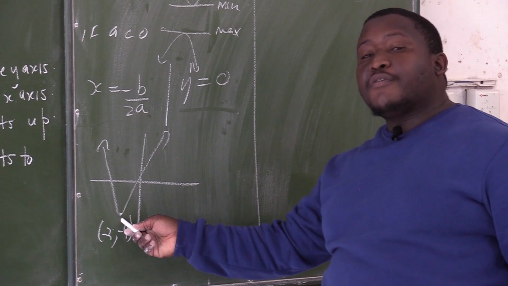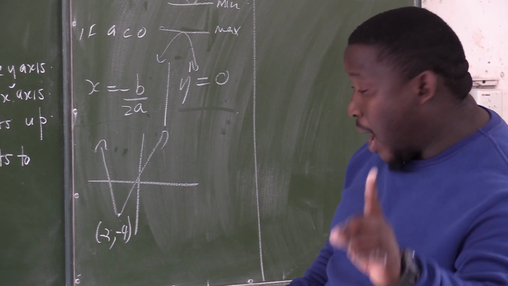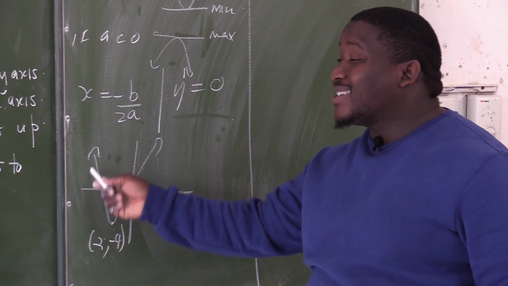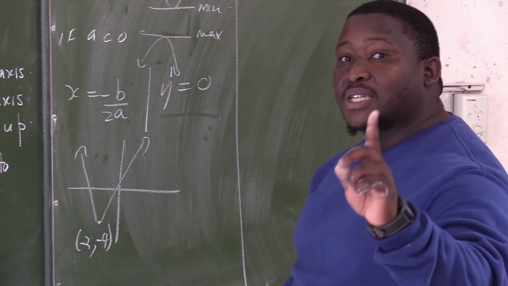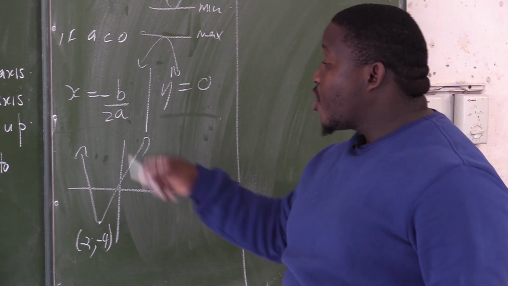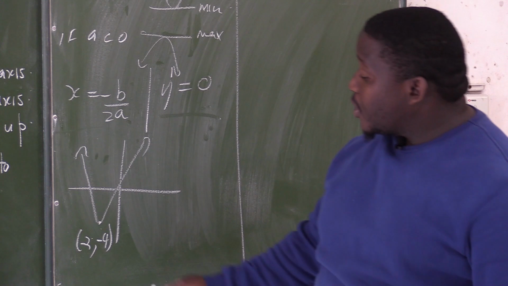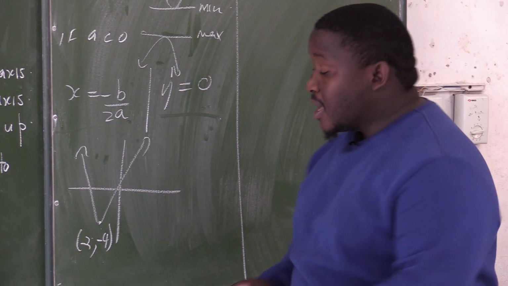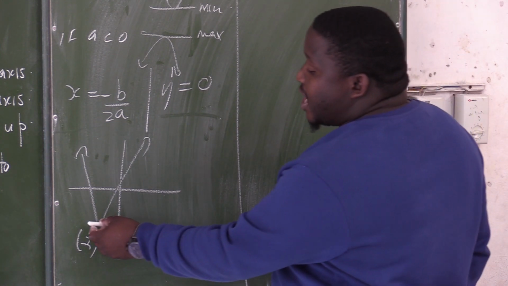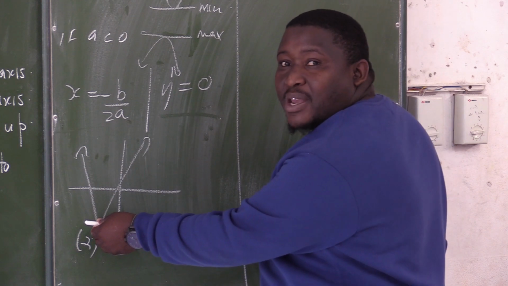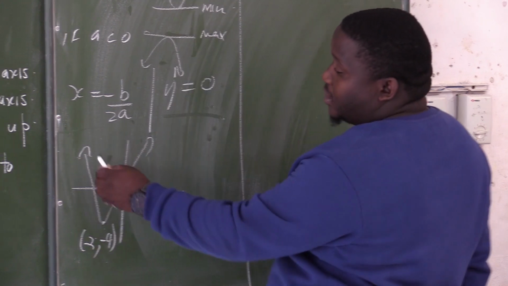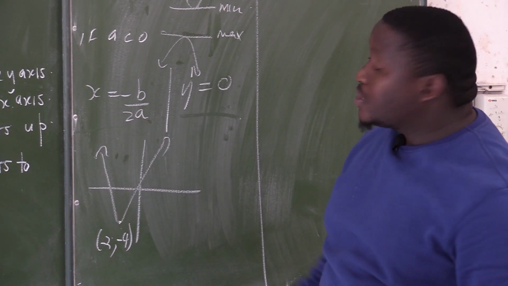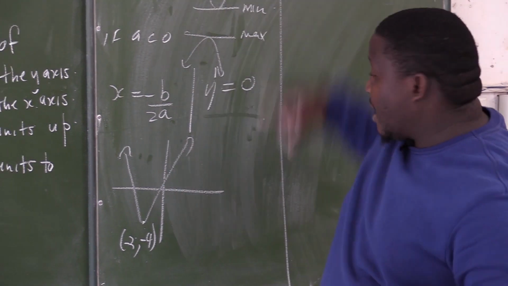The range is the set of all values of y where your graph exists, or where your graph is defined, or where your graph is continuous. It means if I'm looking for the range here, the graph only exists from the turning point upward. You see these arrows, they tell me which way the graph goes.